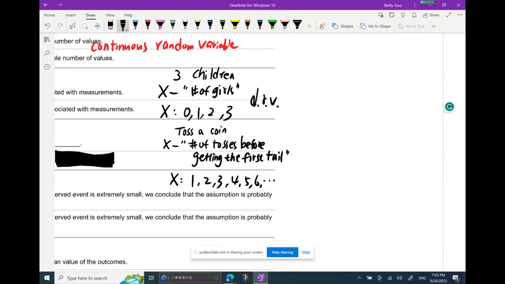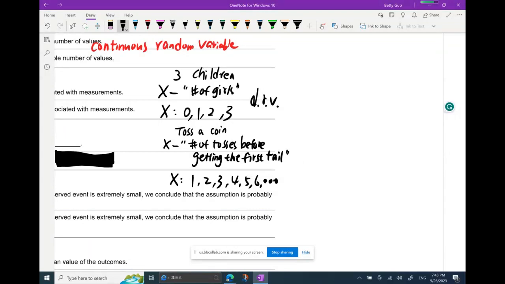How big that chance is depends on the coin. Maybe the coin is not fair, right? Maybe the tail side is very heavy, so it always gives head. That's possible, right? So in this case, do you agree that x could assume all the natural numbers? So x assumes infinitely many, but countably many values.